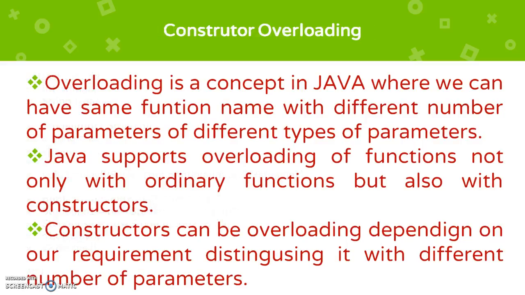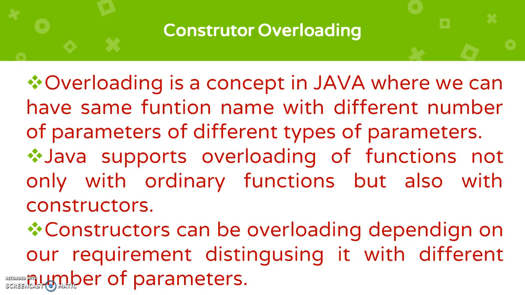And last but not the least, we have something called constructor overloading. As every one of you knows, Java's basic object-oriented concept is that it supports overloading. Overloading is nothing but a concept where we create or use the same function name, but the functions are differentiated by the number of parameters or different types of parameters.